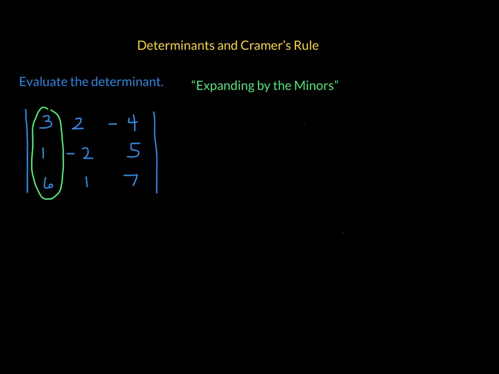So what that means is we're going to say 3 times the determinant of the 2 by 2 matrix found by eliminating the row and the column that contains 3.